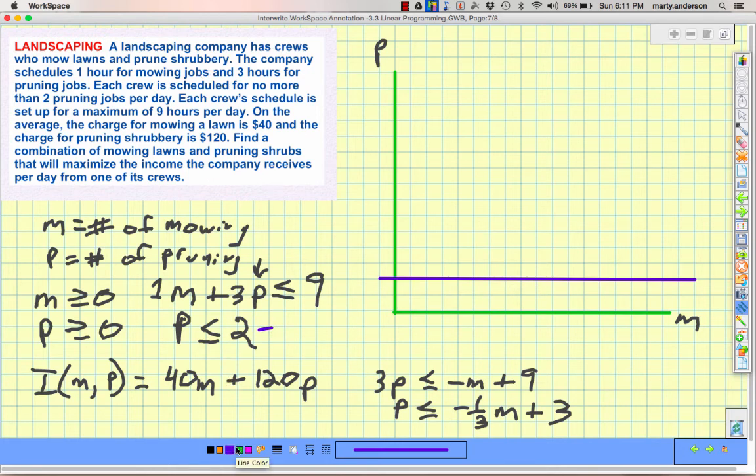Next we are going to do up 3. There's a point. And then I have a slope of negative 1/3. Down 1, right 3. Down 1, right 1, 2, 3. And now I'm ready to graph that guy.